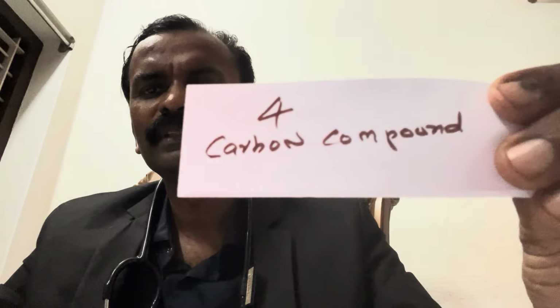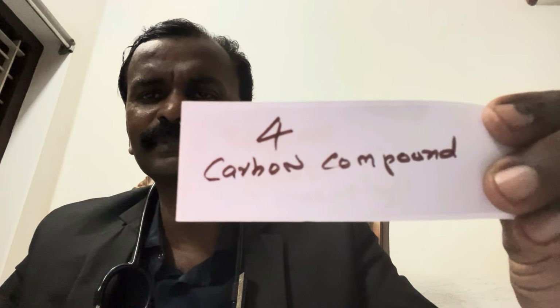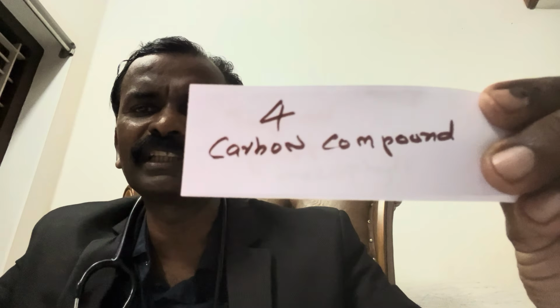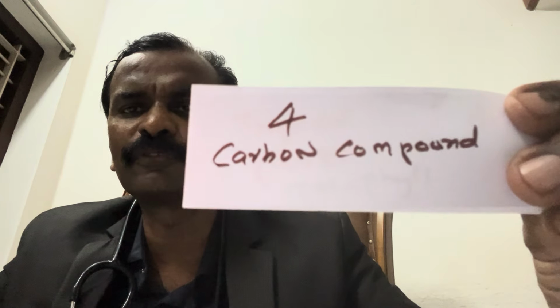Okay, so my first question, which was asked in the 2021 MCQ. 4 carbon atoms is the answer. Do you know the question for this? This is how you should study.